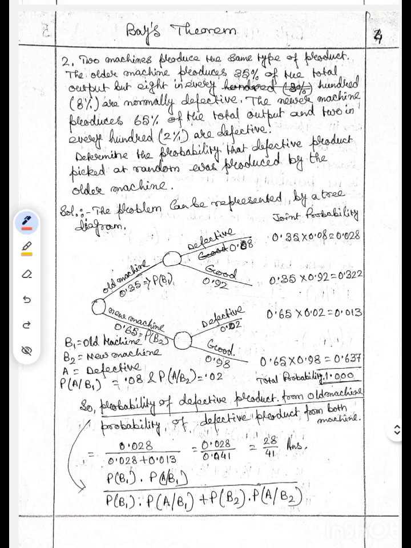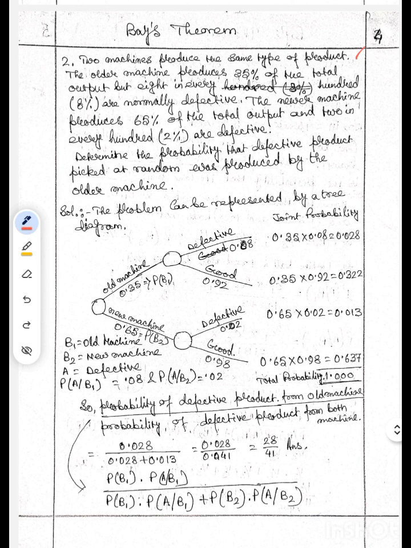Two machines produce the same type of product. The older machine produces 35% of the total output, but 8 in every 100 are normally defective. The newer machine produces 65% of the total output and 2 of every 100 are defective.